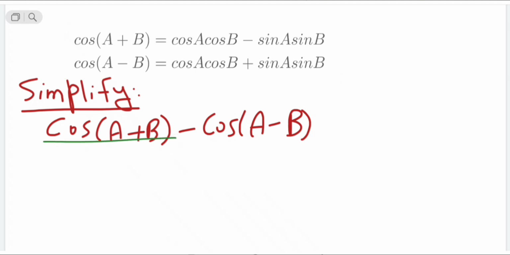So cos(A+B) means cos A cos B, minus sin A sin B, because if it is plus there will be minus.